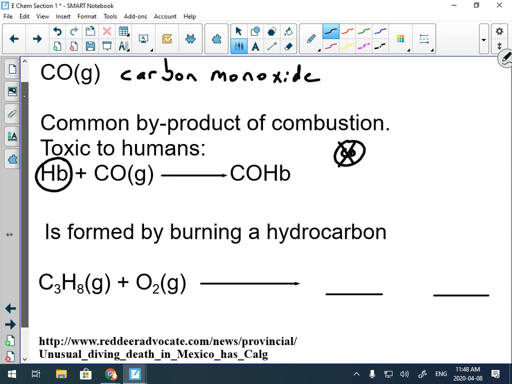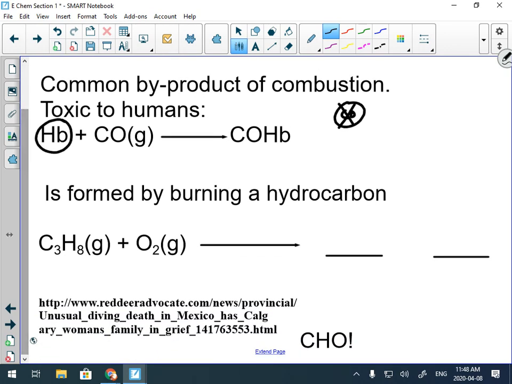So how is carbon monoxide made? Well, carbon monoxide is made when you burn a hydrocarbon. So anything that's got carbon and hydrogen in it, when you burn it, you are making a small amount of carbon monoxide. Now, what happens normally when you burn something, and this is a reaction from Science 10, is you get carbon dioxide and you get water vapor.